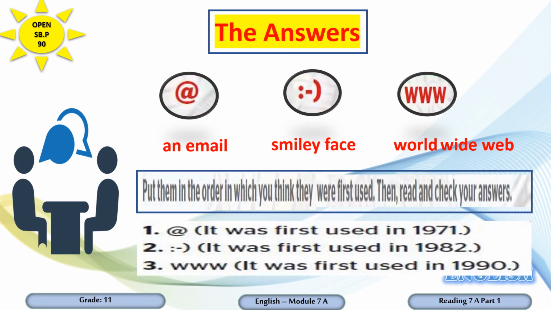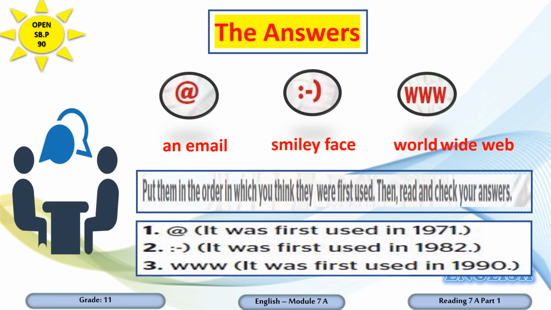Okay, the email symbol or the email icon was first used in 1971. The smiley face was first used in 1982, and the three W's or the World Wide Web was first used in 1990. Excellent.